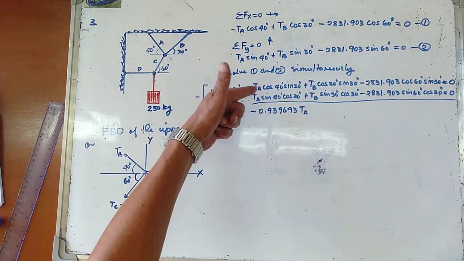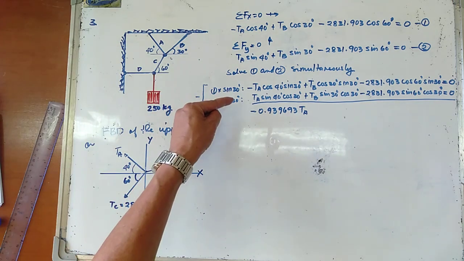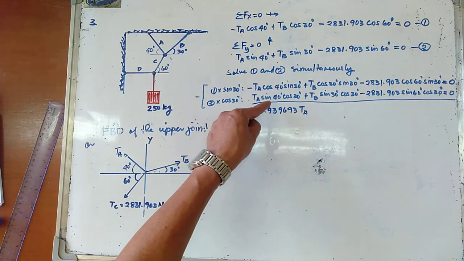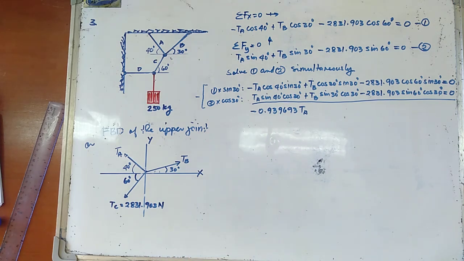So minus TA cosine of 40 sine of 30 minus TA sine of 40 cosine of 30 is negative 0.939693 TA.